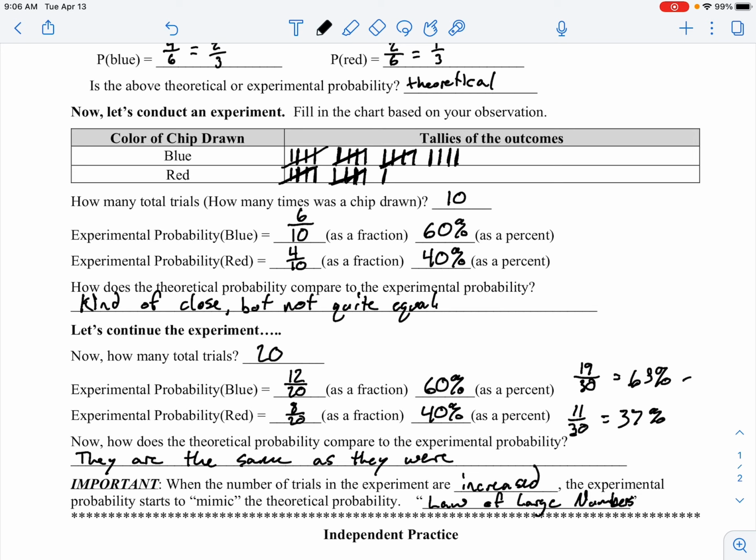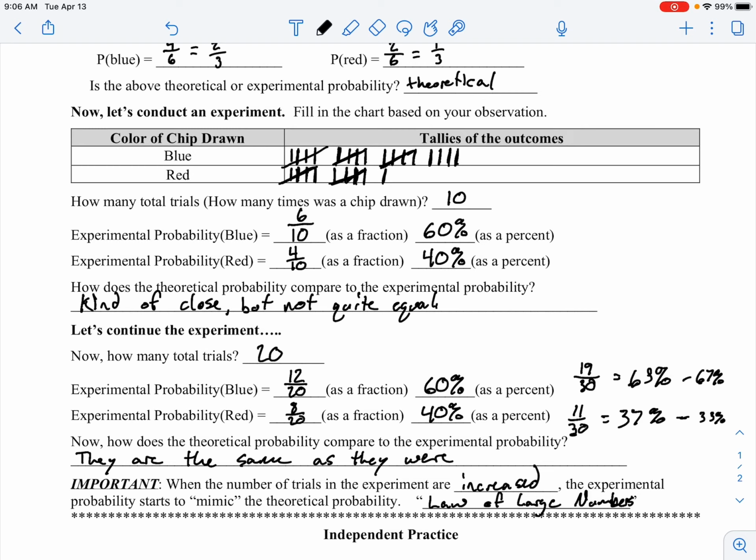So this guy will get closer and closer to 67%, like the theoretical probability says it should be, and this guy will get closer and closer to 33%, like the theoretical probability says it should be. So that's how we do experiments to find probabilities. We enact the thing that it described. So if we were talking about rolling a dice, then you would take a dice and roll it and record the number that you roll.